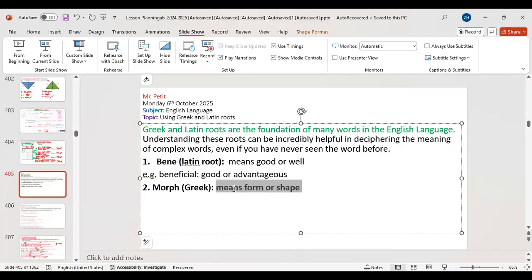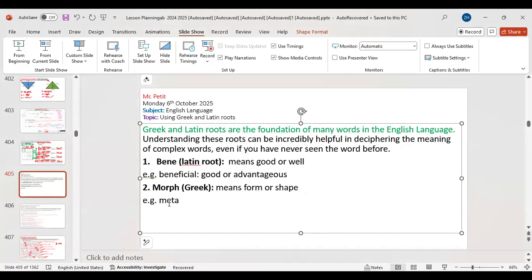Can you think of any words that have morph in it? Metamorphosis. Very good. Morphine. Very good.